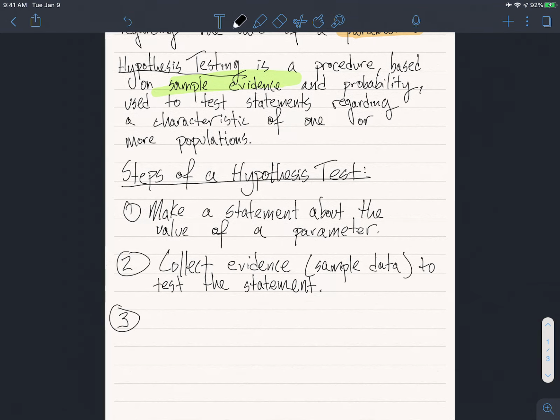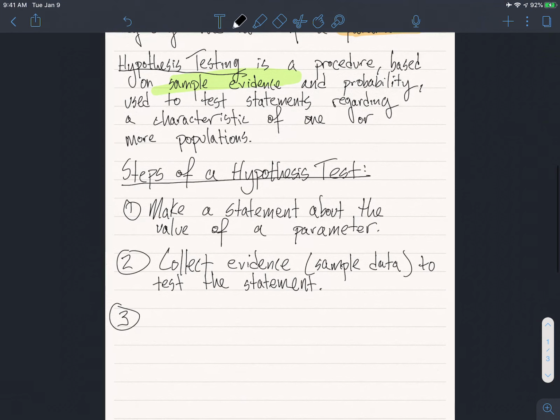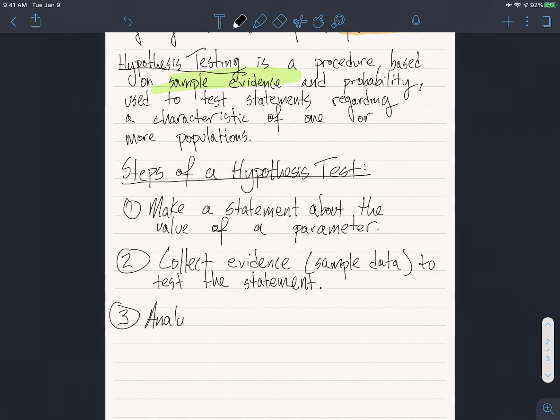So you go out there, you collect your evidence, and then you analyze the data and assess the plausibility of the statement.